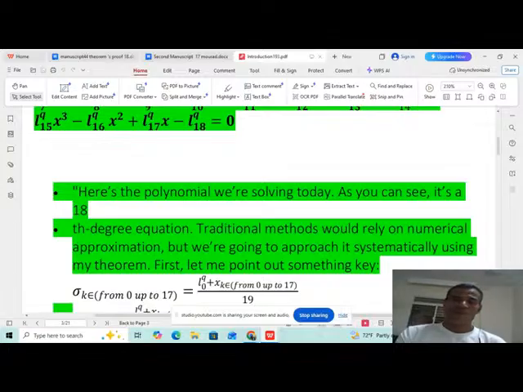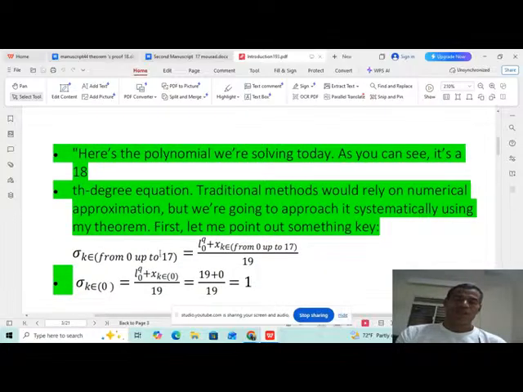For the last root, just put k equals 0 and obtain 19 plus 0 divided by 19, which has to be equal to 1. Okay, this means the polynomial can be factorized as x times a polynomial of degree 18.